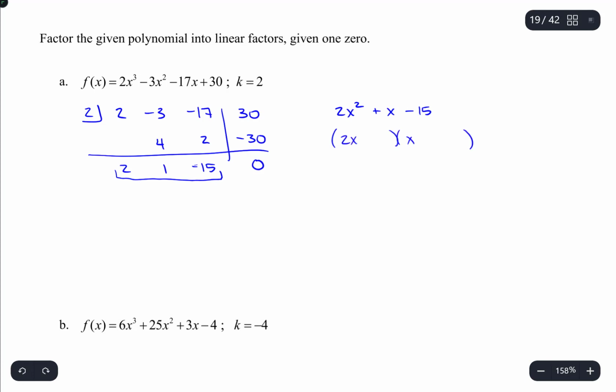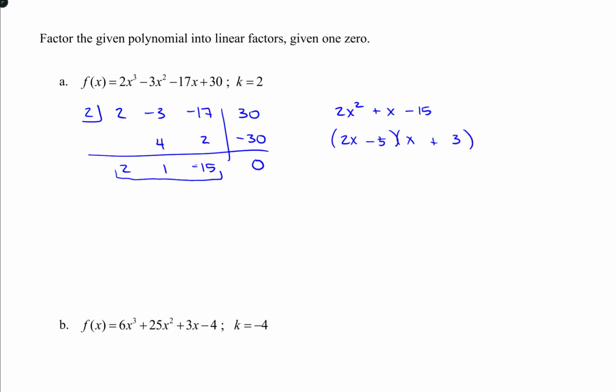So 2x and x would multiply to 2x squared. 15 could be 3 and 5. This would be 3x and 10x, which won't really add up to just x. So let's switch those. So 5 and 3. So now we have 5x and 6x, which can add to positive x if the 6x is positive.